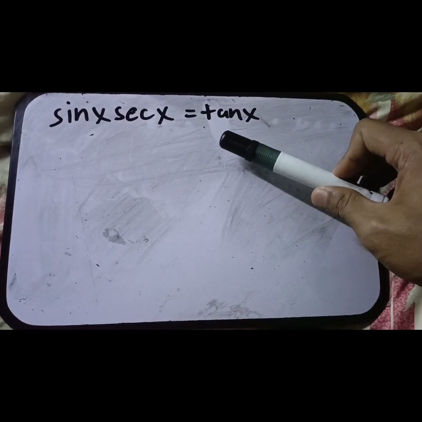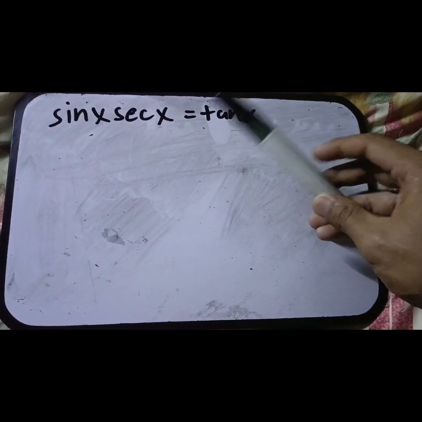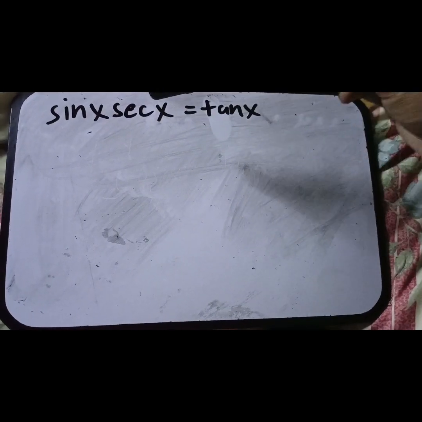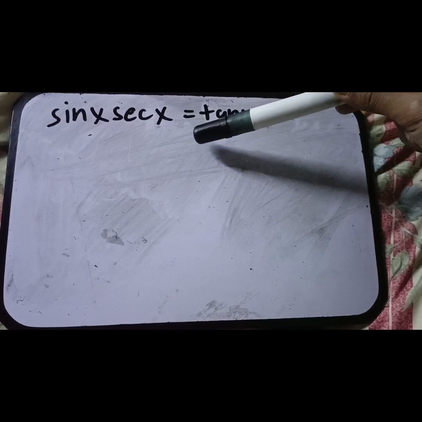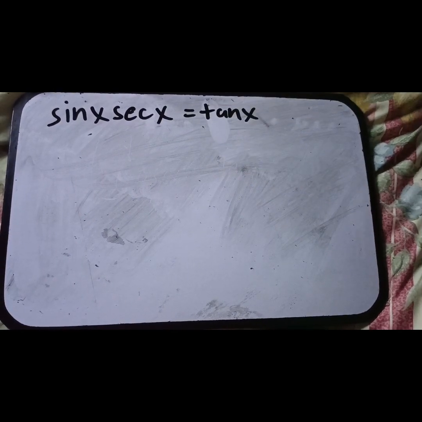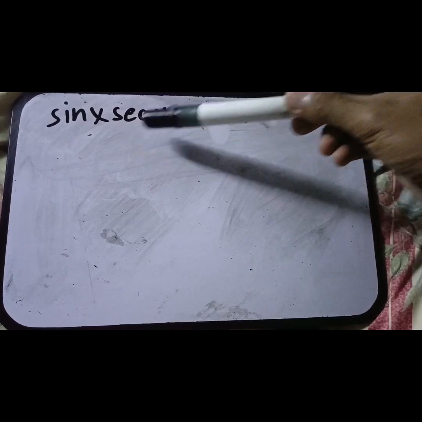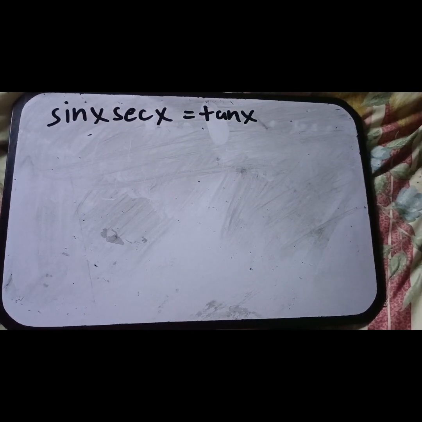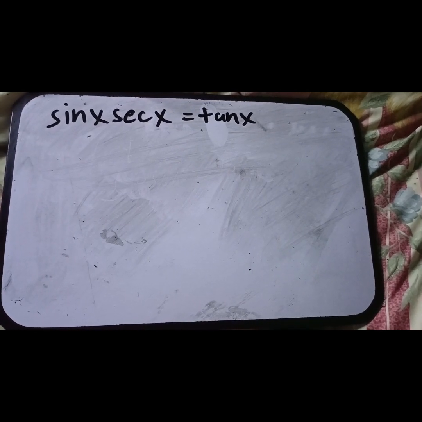As long as you make both of them equal, it's up to you how you want to solve them. Personally, I want to start with the left side and make it equal to the right side. So let's proceed on solving them.